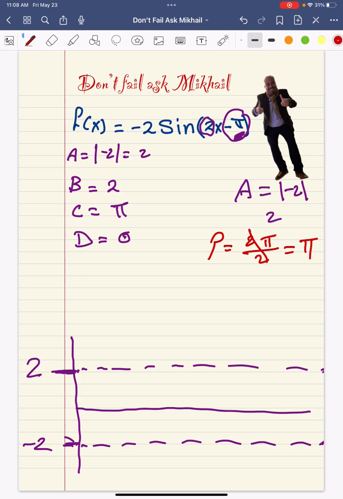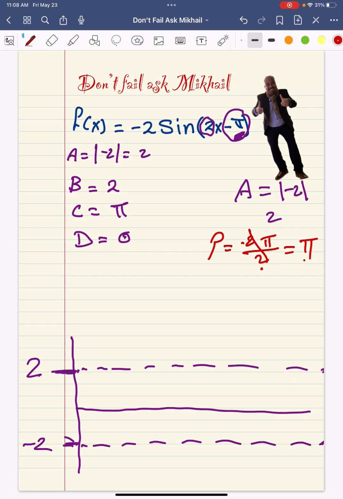All right? So 2 pi over b, I end at pi. So the starting point is here.